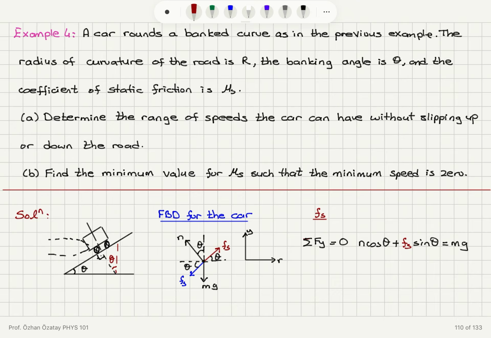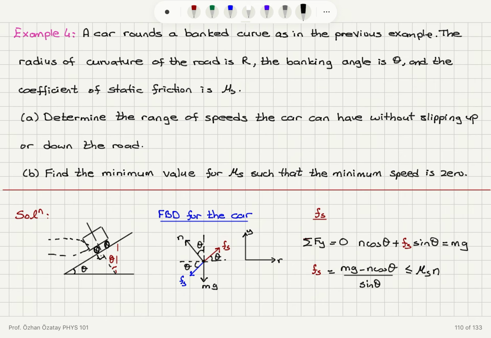So you can see that my static friction Fs will be, in this case, equal to mg minus n cosine theta, divided by sine theta. And this should be less or equal to the coefficient of static friction mu s times the normal force n, so that is the force that is perpendicular to the friction force. So this gives us basically the following inequality.